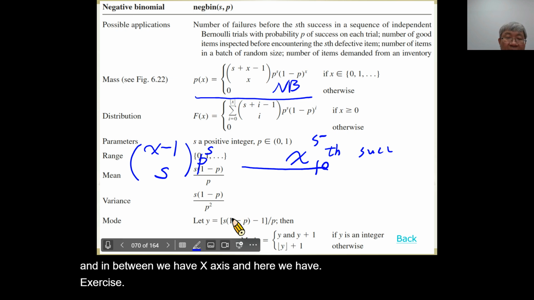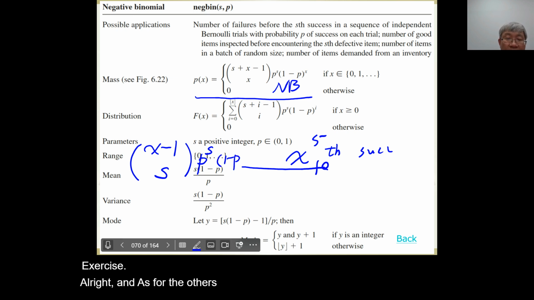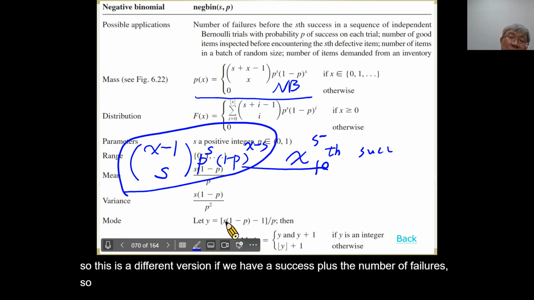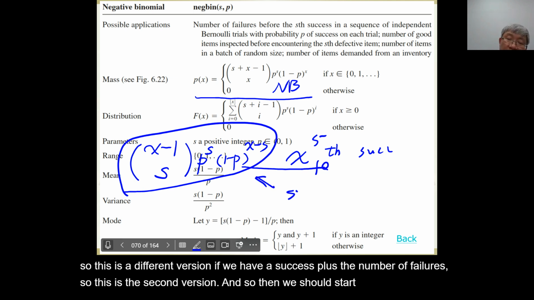And as for the others, they are failures, so 1 minus P raised to X minus S. So this is a different version, if we have success plus the number of failures. This is the second version, and if so, then we should start from S.